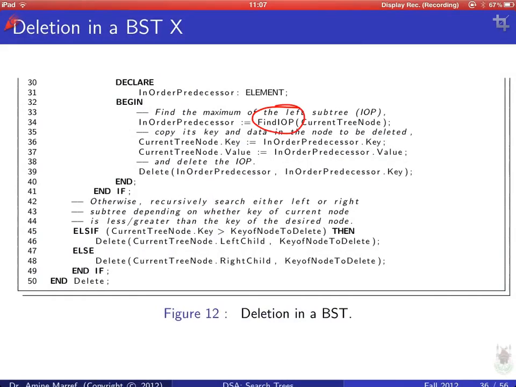This is the left subtree. The Inorder predecessor is the maximum of this left subtree. The Inorder successor is the minimum of the right subtree.